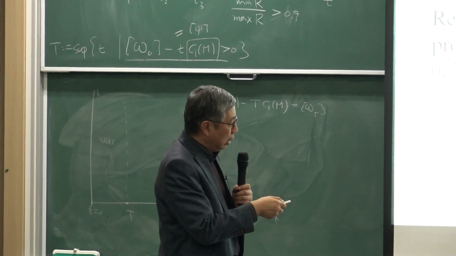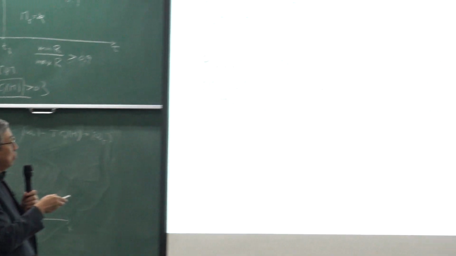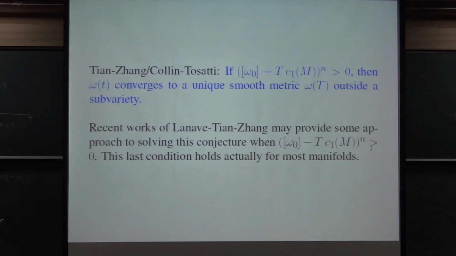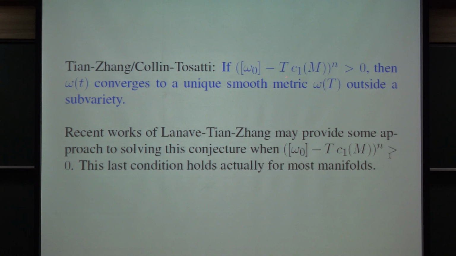For simplicity, let's assume this case. For an algebraic manifold with Kodaira dimension not minus infinity, this assumption is always true. So let's only consider this case. Then this converges to a unique smooth metric outside varieties.